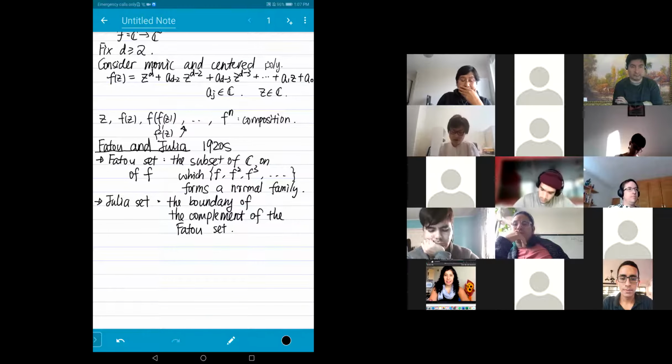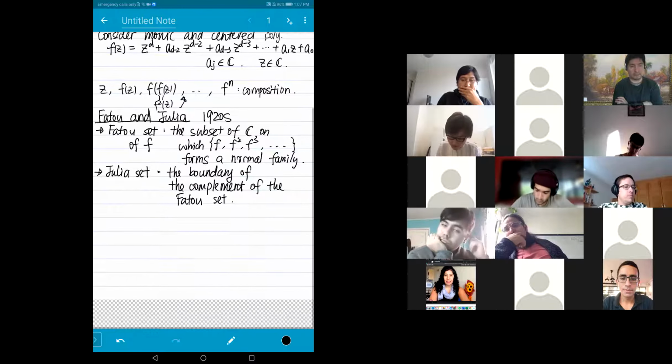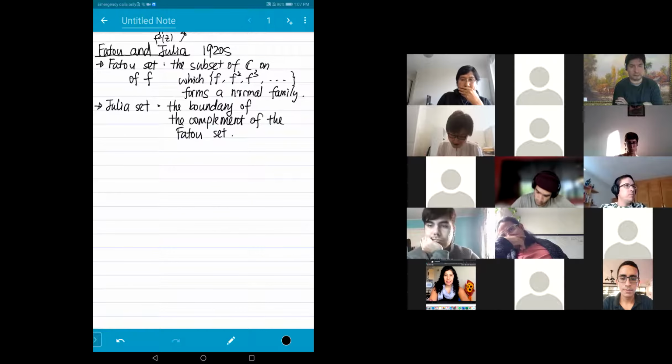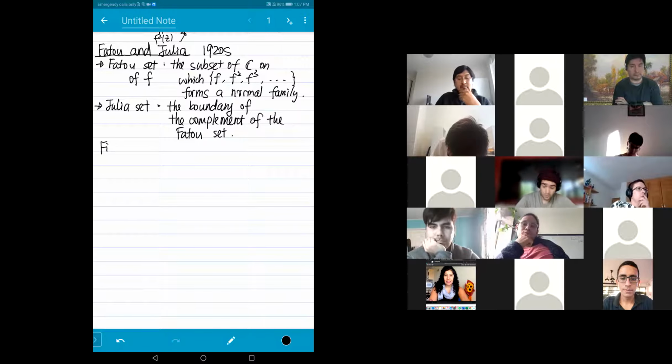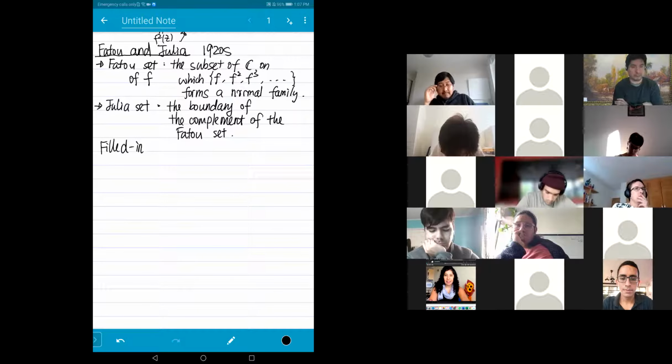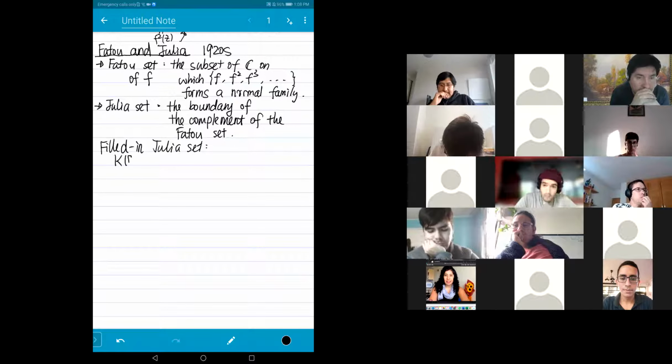There are other ways to express what the Julia set is, which are slightly more concrete. So I will define the filled Julia set. This is more of a modern term. The filled Julia set is denoted by K of f.